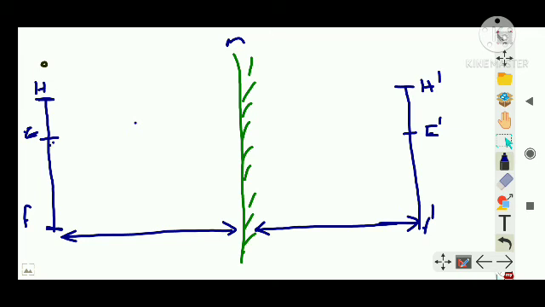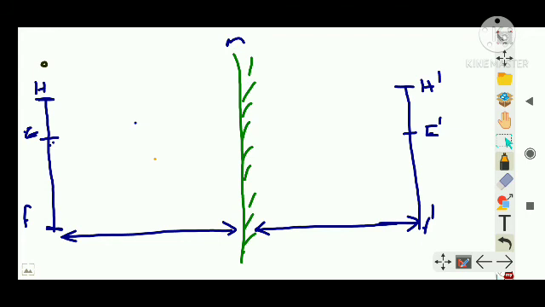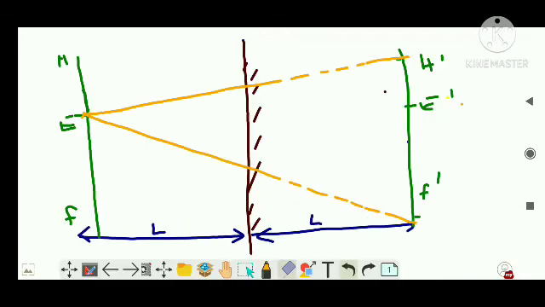So if I take another color, guys, okay. Now you are seeing the image here. So you are feeling that the reflected ray is coming from h dash, that is the head section, and from the feet section, like this. So that means your eyes are seeing that the light is coming from here, right?